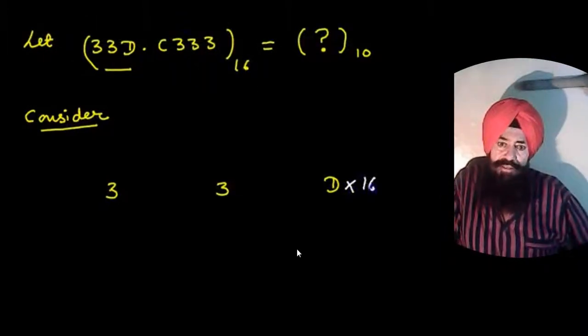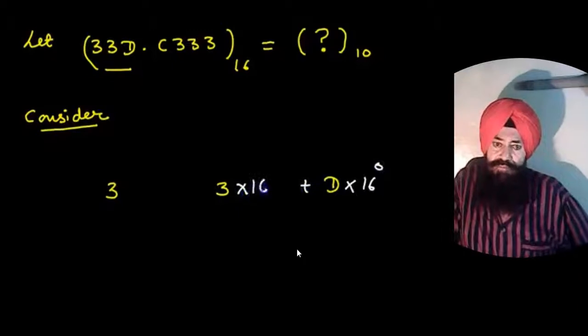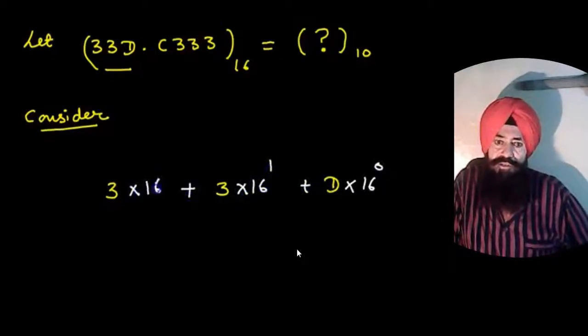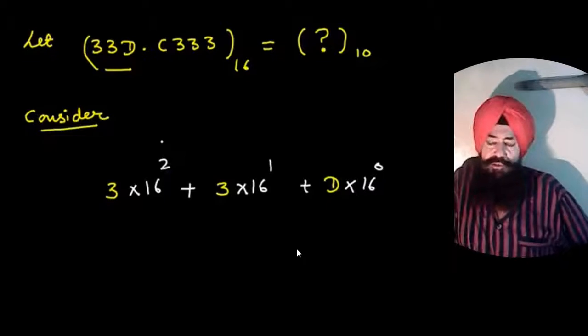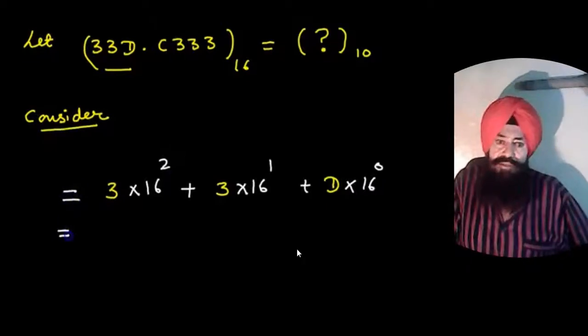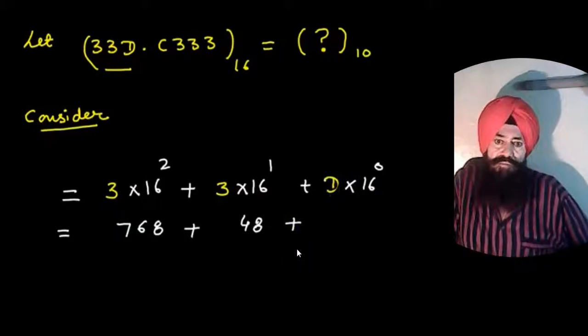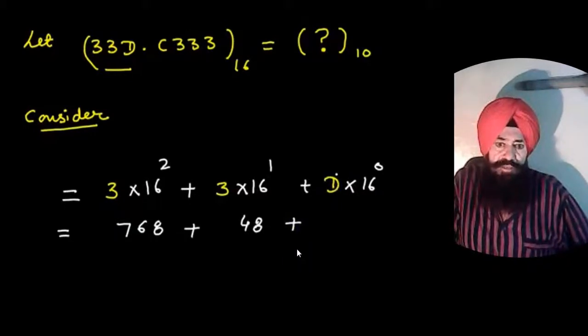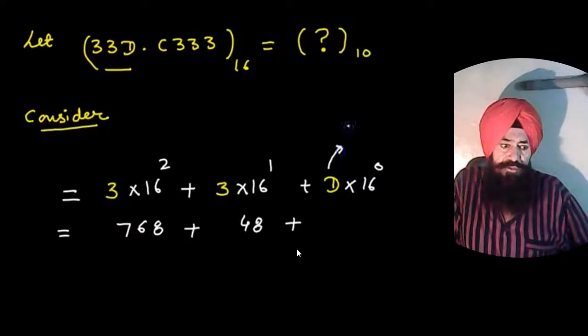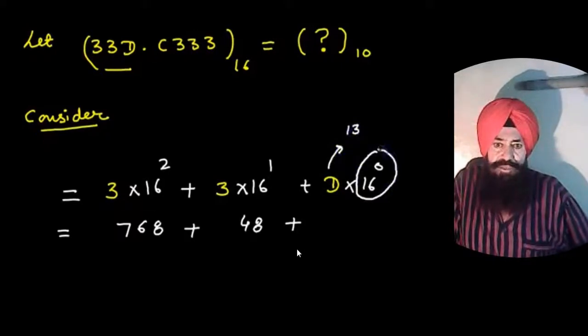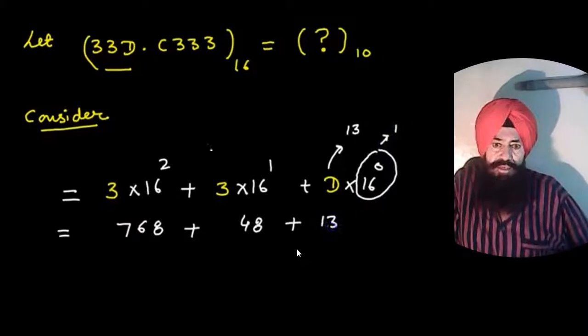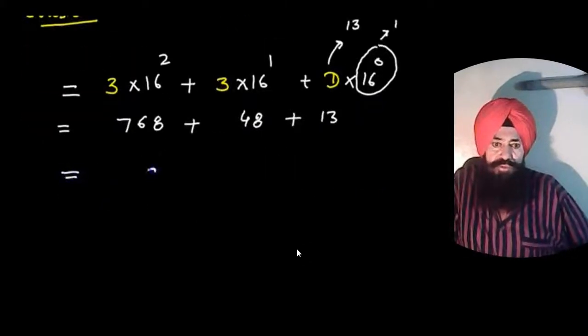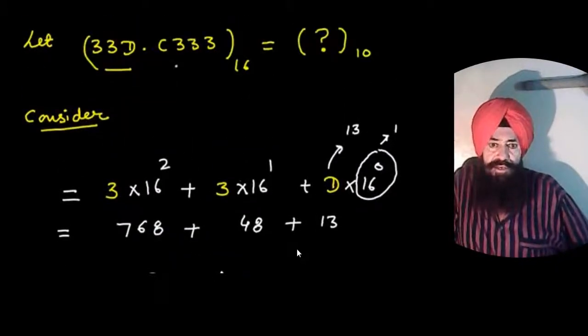You go on multiplying by 16 to the power 0, 16 to the power 1, 16 to the power 2 and so on, and just do the mathematical calculations. To find the number, 768, that's 48, then plus, you know what D represents. D represents 13. So 13 into 16 to the power 0, which is 1. Anything raised to power 0 is 1. So just summing up, that becomes 829. There's the answer. Very nice.